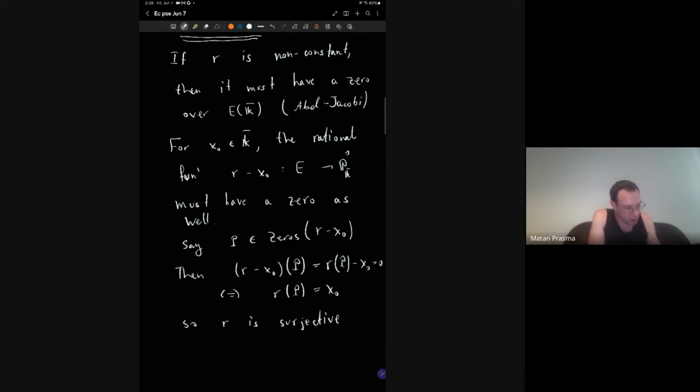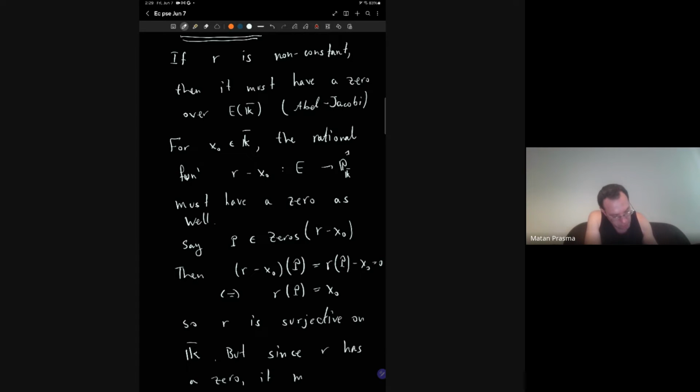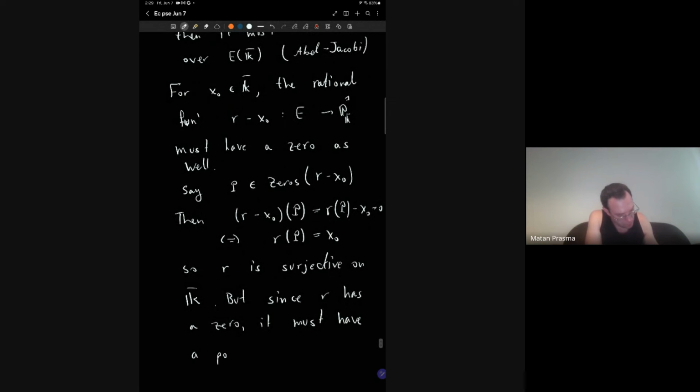So let's say R is surjective on K bar, but since R has a 0, it must have a pole, again. This is Abel-Jacobi.